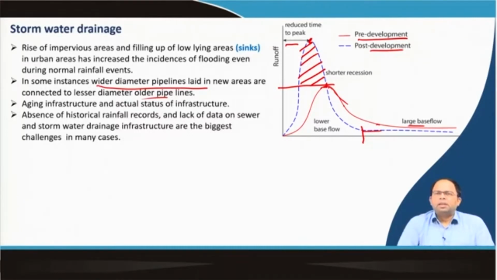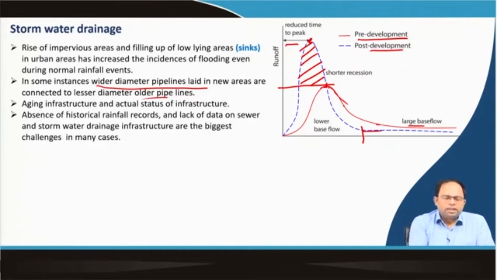So, that also will lead to flooding, because when a larger diameter pipe connects to a smaller diameter pipe, the water cannot pass through the entire volume, and it will not be able to go into this drainage line, and it will come out from the manholes, and that will create flooding in those particular nodes or areas.